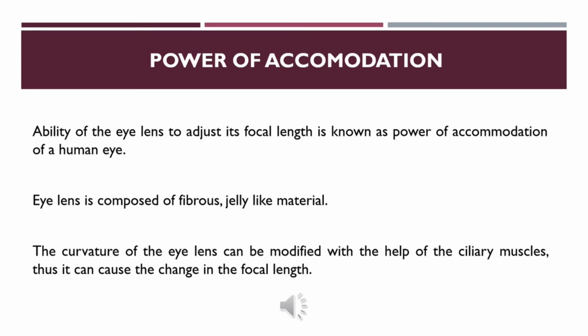This causes a decrease in the focal length of the eye lens, and therefore we are able to see and perceive nearby objects. So, due to the flexibility of our ciliary muscles, we are able to see far objects and nearby objects more clearly and distinctively.